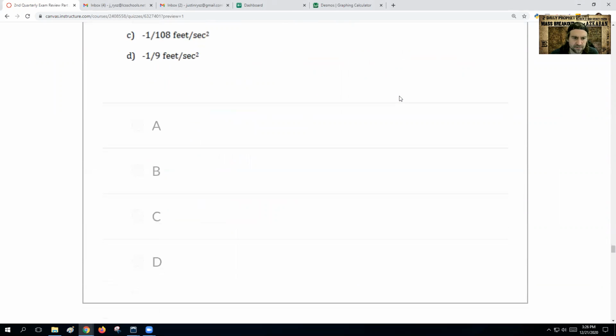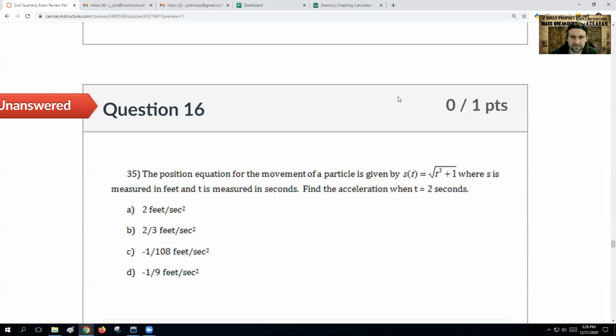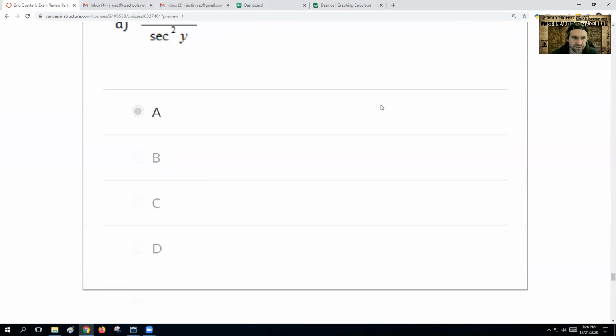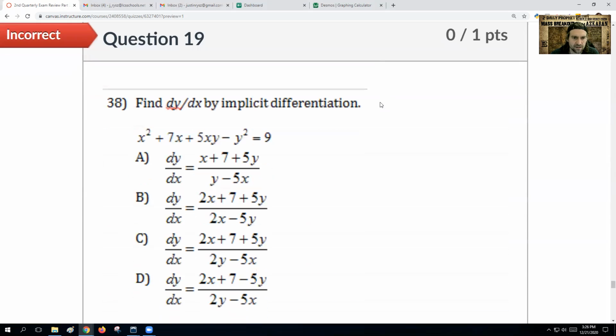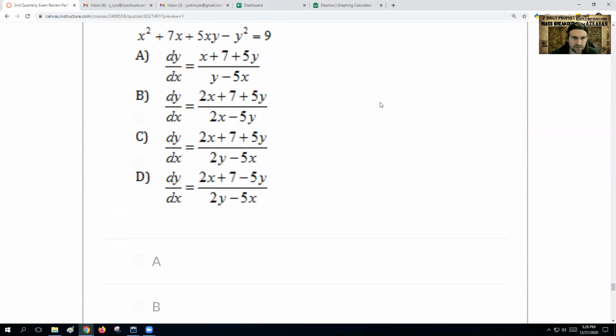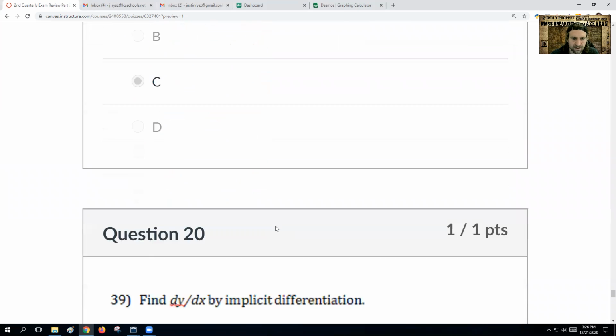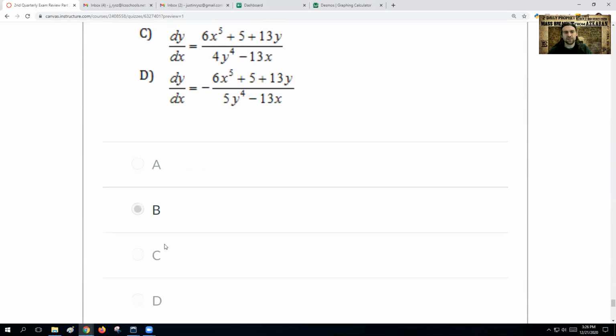All right, 16. Did we not guess? Oh, we left it blank. Unanswered. So yeah, that one was 2/3. And then did we leave this one blank? Oh no, we said A, and that's right. This one here, what did we mess up on? Did I get tricked up on something? Oh, maybe one of them is negative. All right, well, we see that.